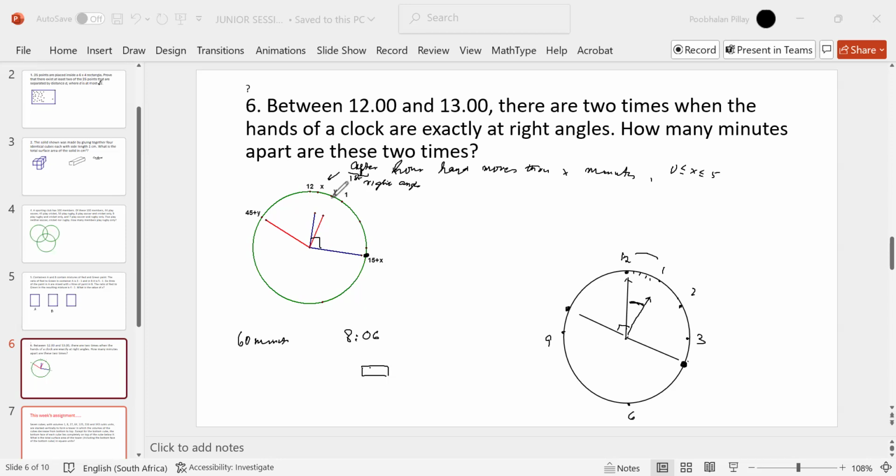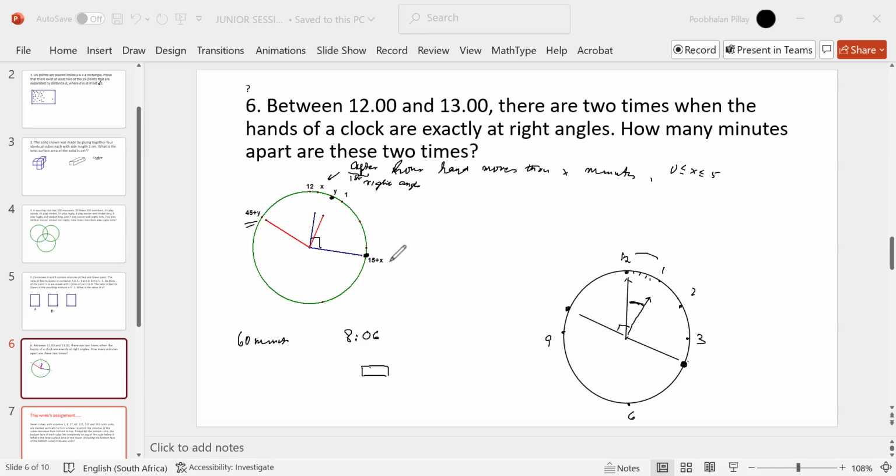Now the second time it hits 90 degrees is here, the red one. This time we are saying that the hour hand has moved through y minutes. Y is still between 0 and 5. But then the minute hand is making another 90 degrees there. So it is now 45 plus y minutes past 12.